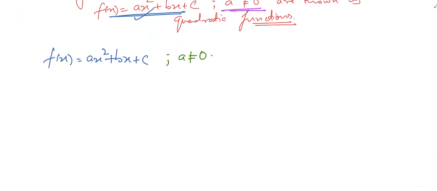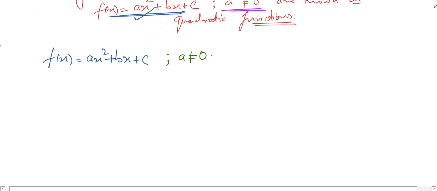So f(x) is ax² + bx + c. It is made of some components. So this is the quadratic term. It has the degree 2, that's why it is regarded as the quadratic term. This term is the linear term, right?